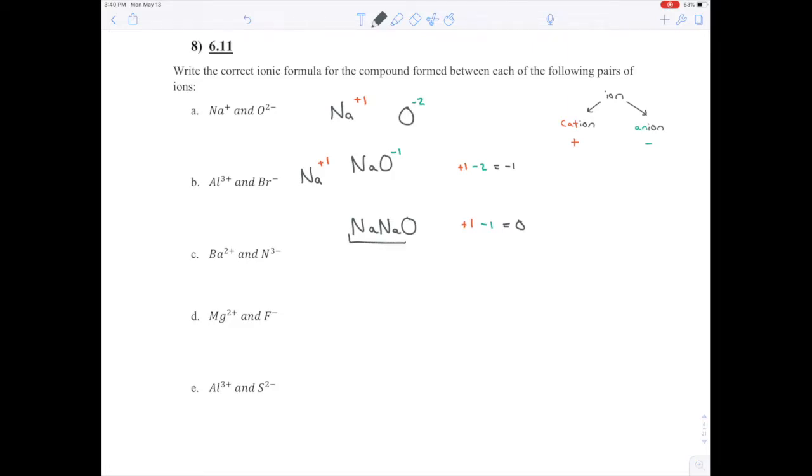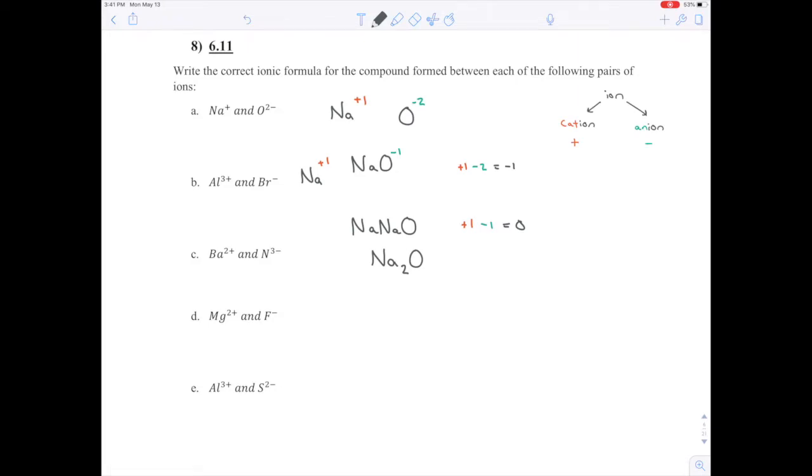You have two sodiums repeating. Instead of writing the symbols twice, what people do is they write the number 2 in the bottom right of the symbol. So this 2 here means you have 2 sodiums. And then the oxygen there. So don't confuse the number at the bottom right, which tells you how many of that atom you have in a compound, with the numbers in the top right, which tell you the charge.